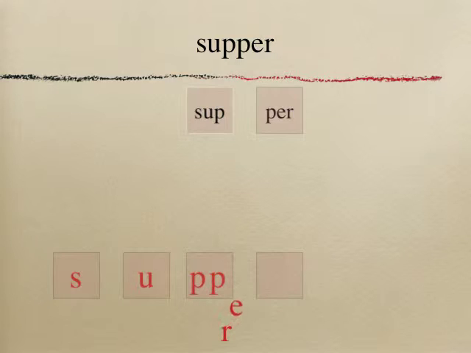So we're going to stick the two letters together because it's really hard to hear the E in this sound. The R kind of controls the sound of it. So we put the two letters in there, and that's an R-controlled vowel. So we have S-U-P-P-E-R. Sup-er.